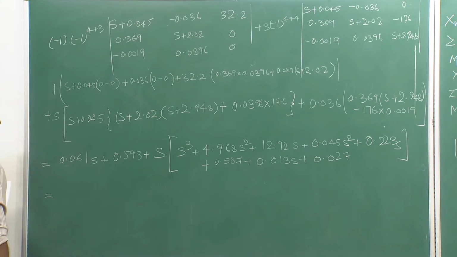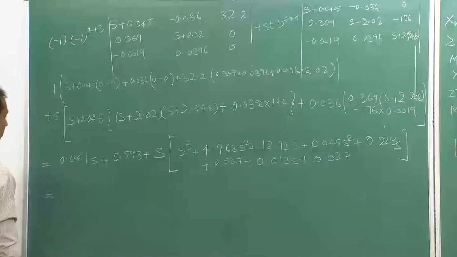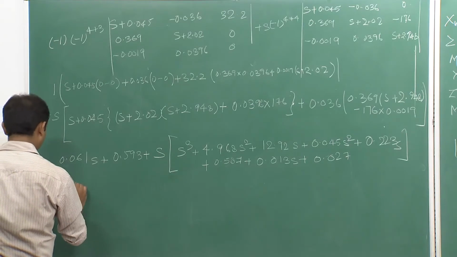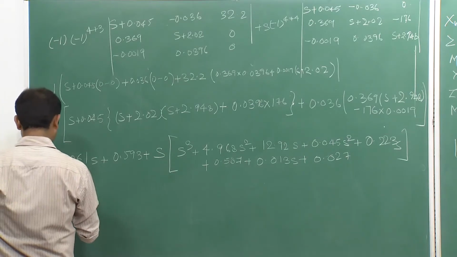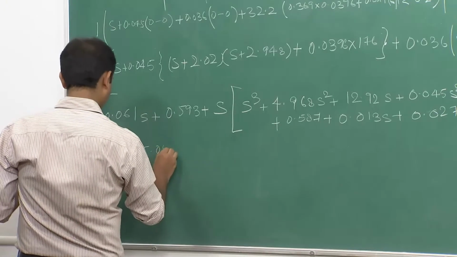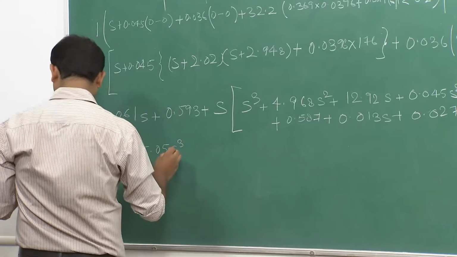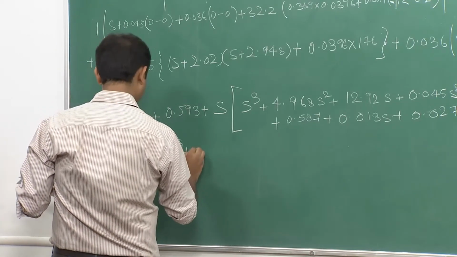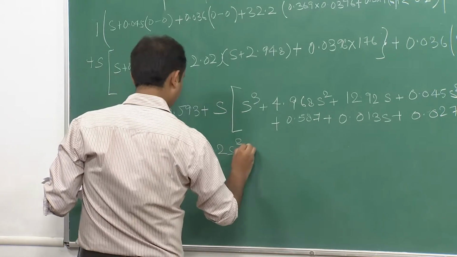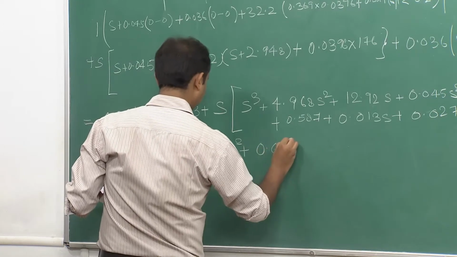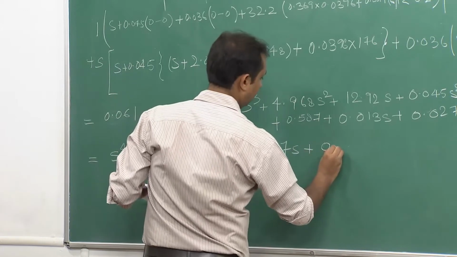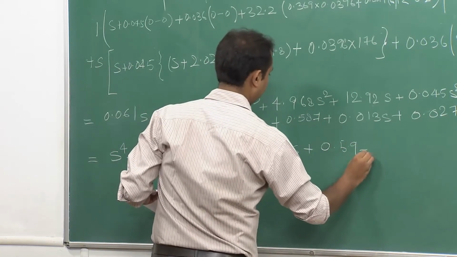Which will be further reduced to S power 4 plus 5.05 S cube plus 13.2 S square plus 0.67 S plus 0.59 equals to 0.